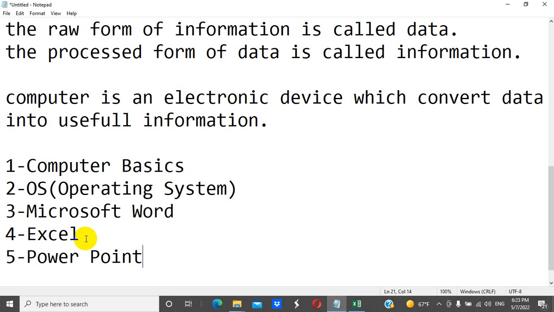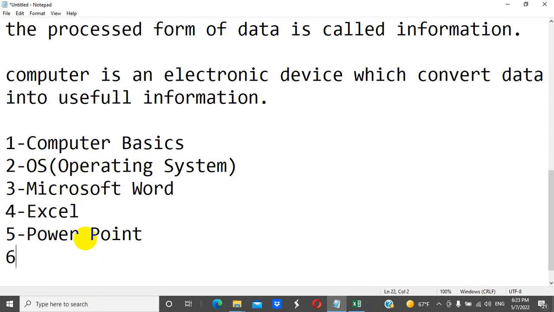And after that we will study Microsoft Access. Microsoft Access is one of the Microsoft products which is used for creating and managing databases. Using Microsoft Access, we will practically design a database for an organization, for example, a school, a hospital, or any other organization.